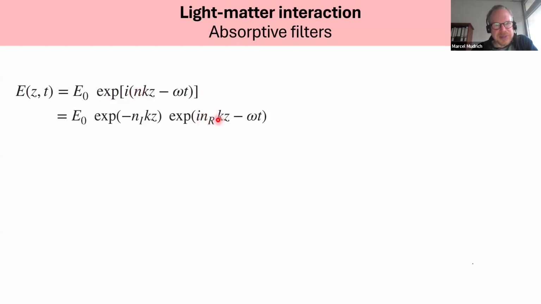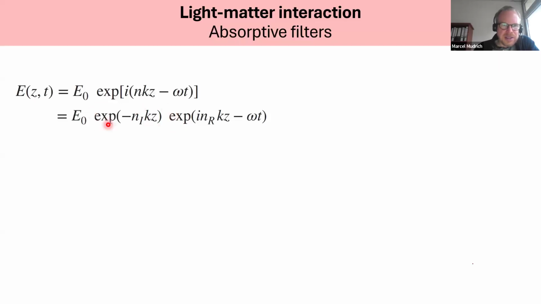The real part is what causes refraction that we have just talked about, but there's this imaginary part also, which was the beta in the delta plus beta representation. And due to the fact that we have an i in the exponent, and then comes the i from the imaginary part, that gives us a minus, so we get a term e to the minus nkz.